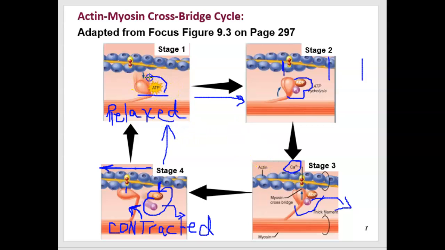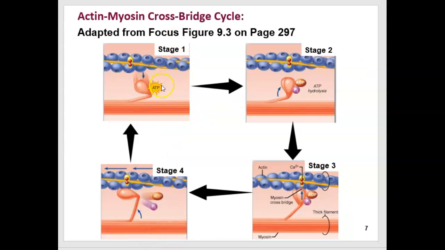ATP is going to have to be available, and myosin will bind to ATP in preference over the actin. So it releases actin and it binds to ATP, which of course doesn't stick around very long because myosin is an enzyme for ATP, breaking it down, catabolizing it. We call it ATP hydrolysis, right?